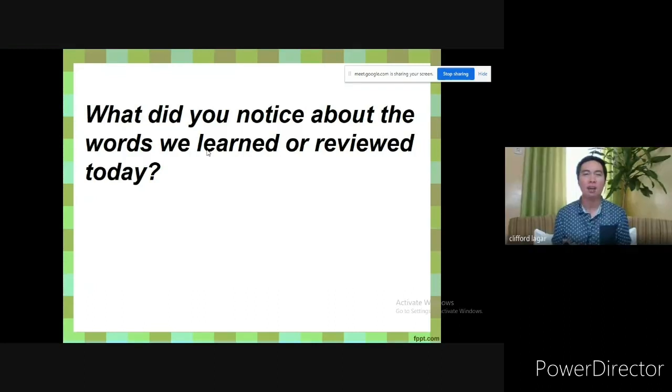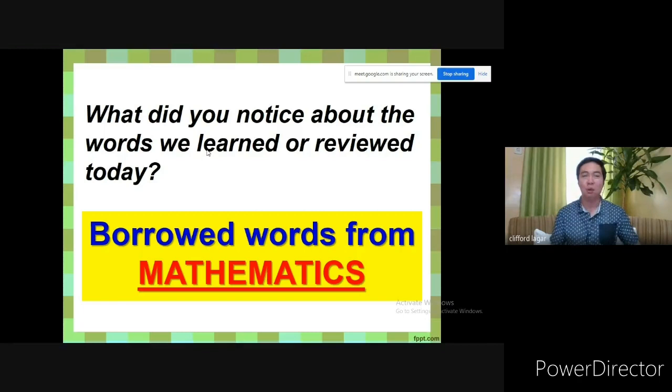These are the content-specific terms that we can usually encounter from the subject mathematics. So we call this simply the borrowed words. Moreover, we also encounter words like summation, probability, solve, statistics, especially in doing surveys or research.